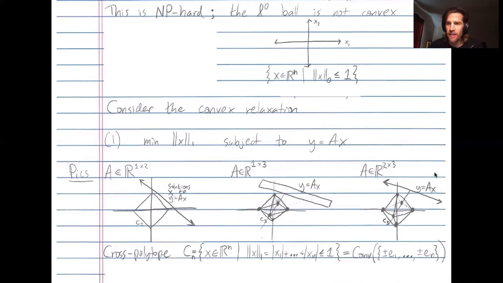And if you hit a low-dimensional face of this ball, then you have few non-zero entries. A vertex has one vertex and it has one non-zero entry. An edge has two vertices and has two non-zero entries.